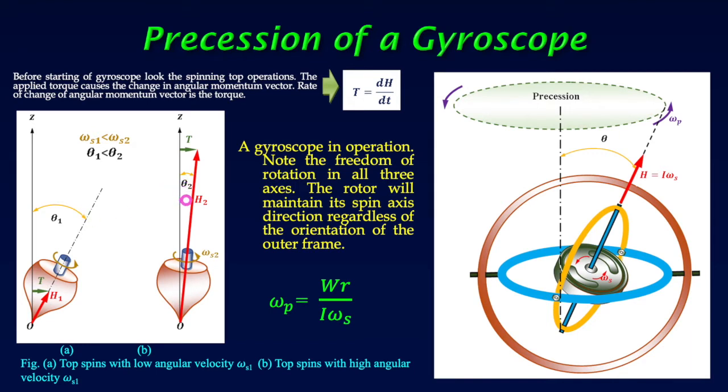For the high speed, when the spinning top is rotating at very high speed, it makes a very negligible angle here with the z axis or vertical axis. It indicates that at high speed, though the same torque is applied, the spinning top still remains vertical.